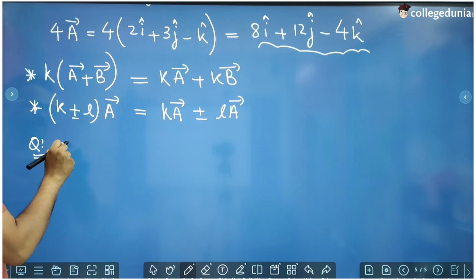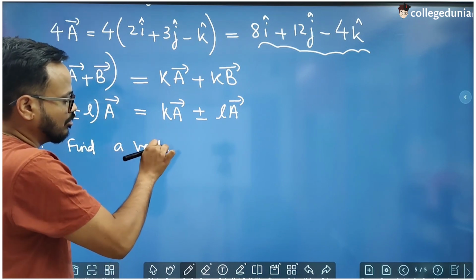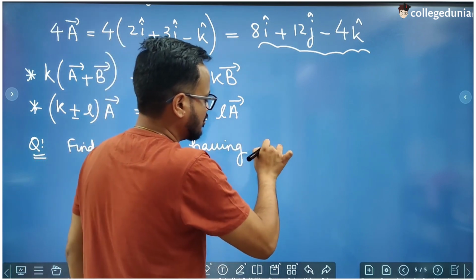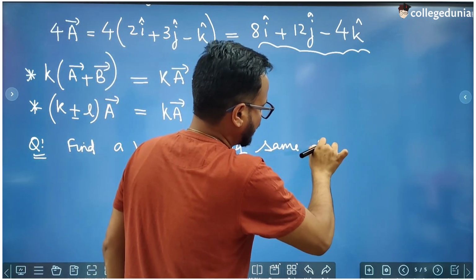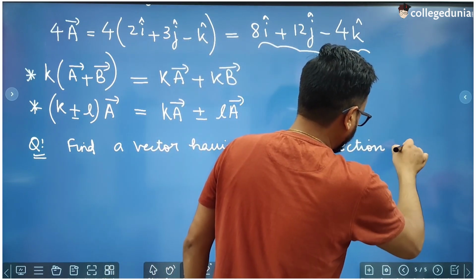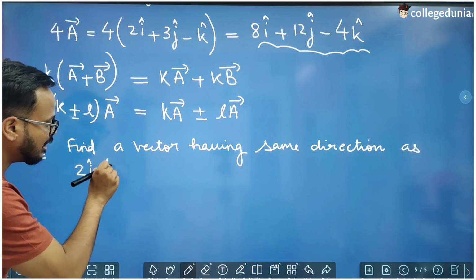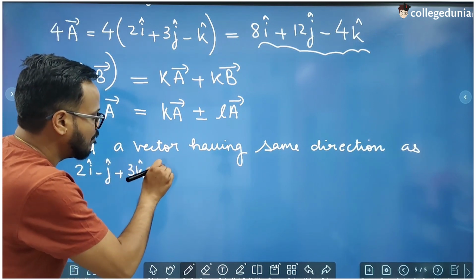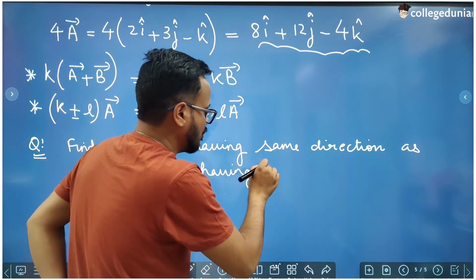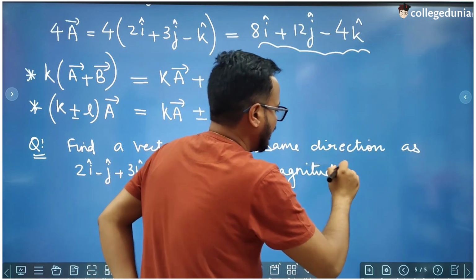Suppose we have a question like: find a vector having the same direction as, suppose, this vector 2i cap minus j cap plus 3k cap, but having magnitude 8 units, right?